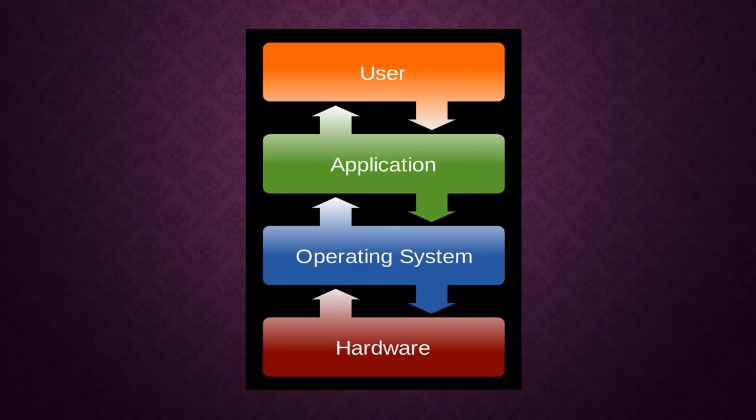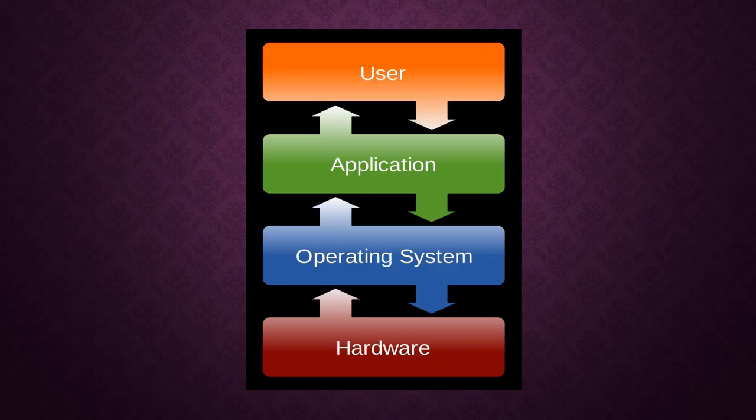As you can see in the diagram, where we deal with the computer environment, it consists of 4 layers: user, application, operating system, and hardware. The computer user makes use of application programs like Word, Paint, Excel to carry out these tasks.